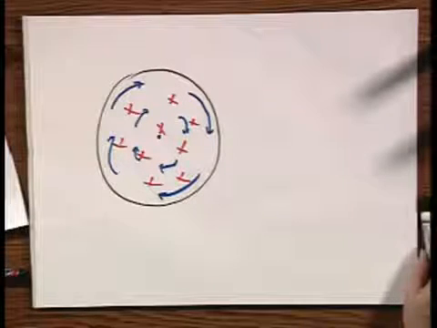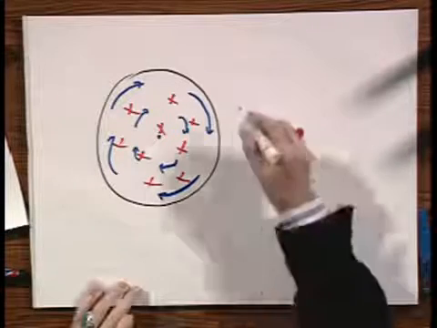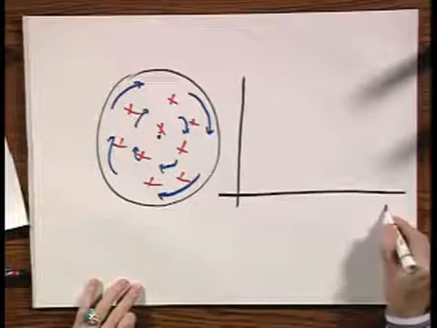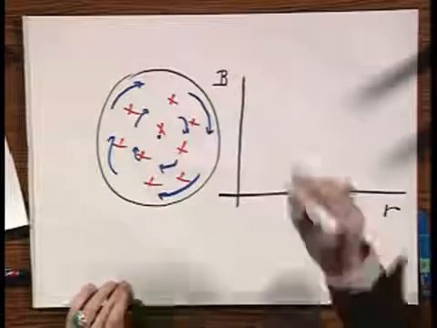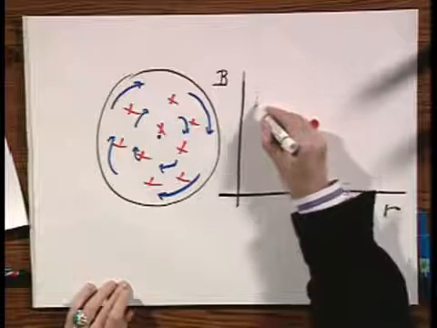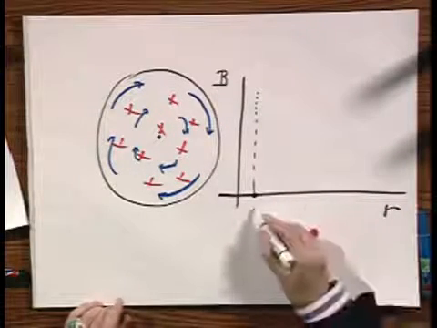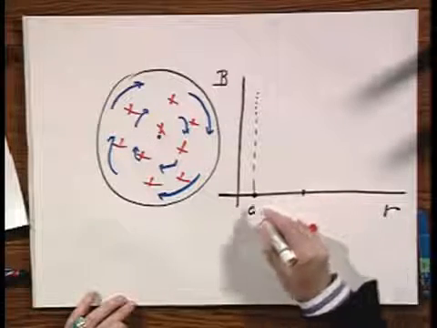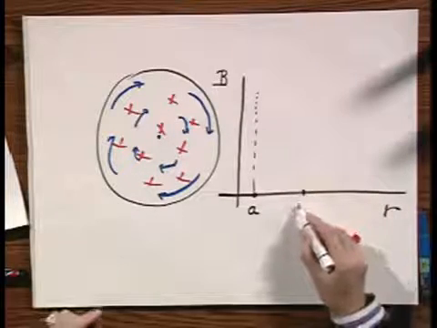So I suggest that I make a plot of B versus r. This is B. Let's first do that for r outside the wire. Let's give the wire an arbitrary radius of little a. If you make it 0, then the magnetic field goes to infinity.